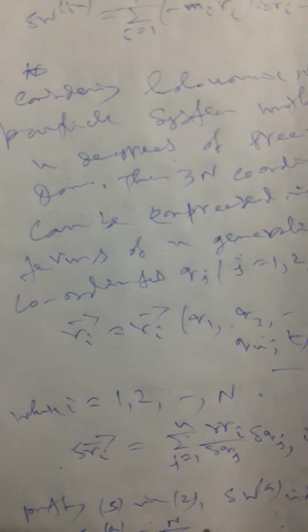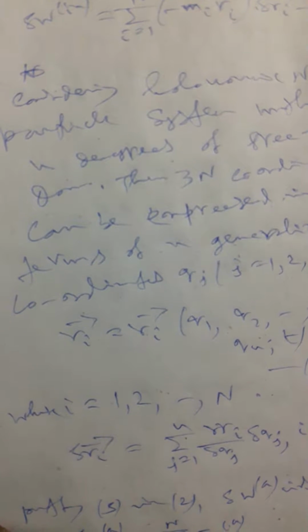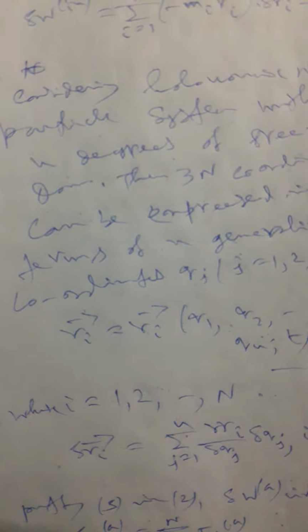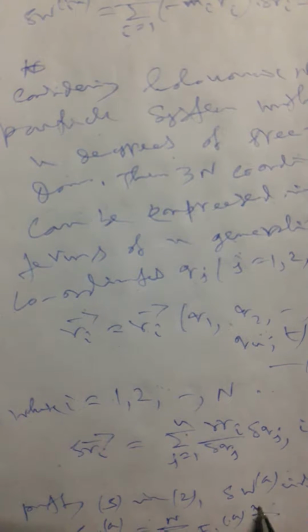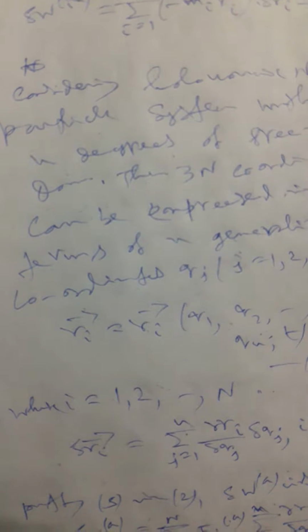Substituting del ri, it will be the sum of i equals 1 up to n of Fi^a dot the sum of j equals 1 up to small n of del ri del qj times del qj.